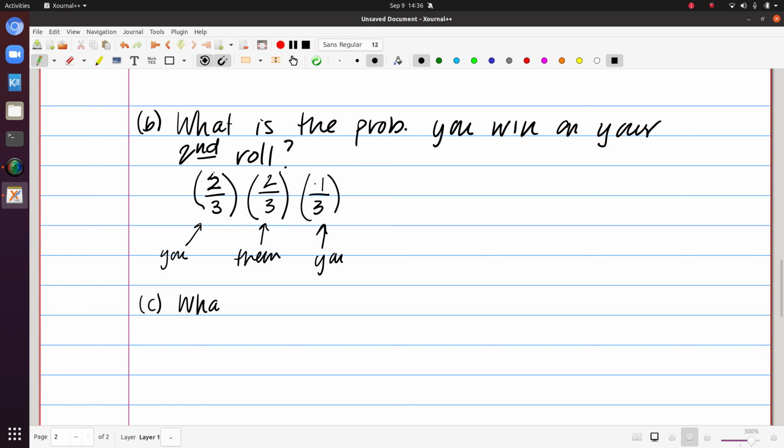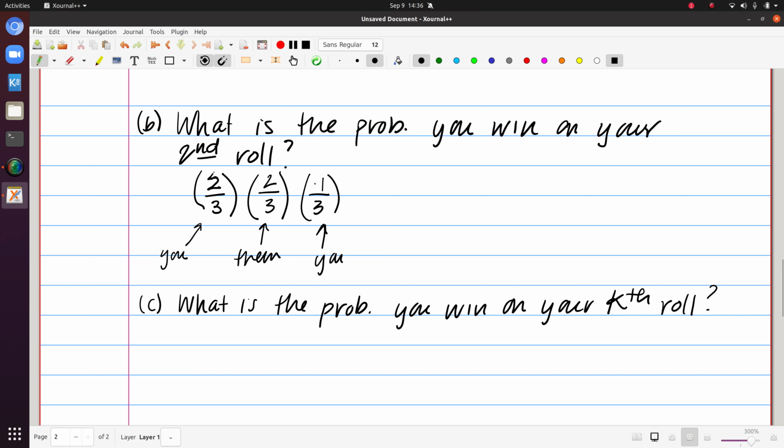So if we say, what is the probability you win on instead your kth roll? Again, the assumption here is k is some positive whole number. So we've seen this for k equals 1, k equals 2, and now we want to generalize it.